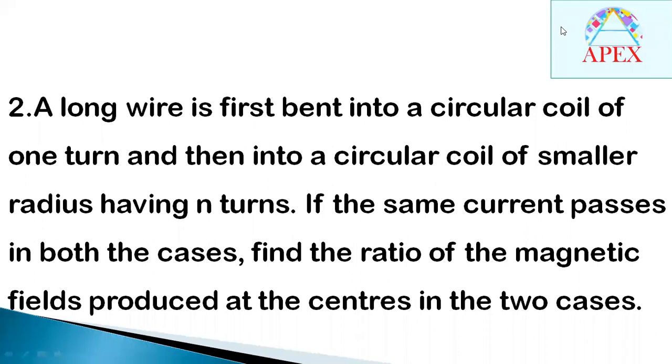Second question. A long wire is first bent into a circular coil of 1 turn and then into a circular coil of smaller radius having n turns. If the same current passes in both the cases, find the ratio of magnetic fields produced at the centers in the two cases.